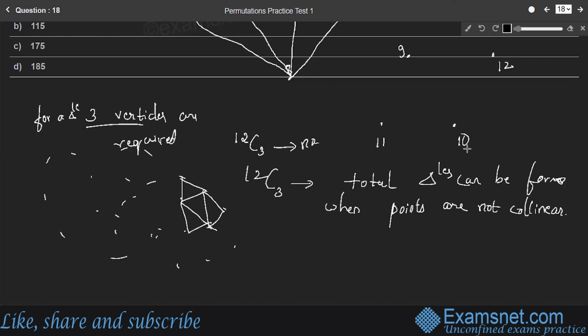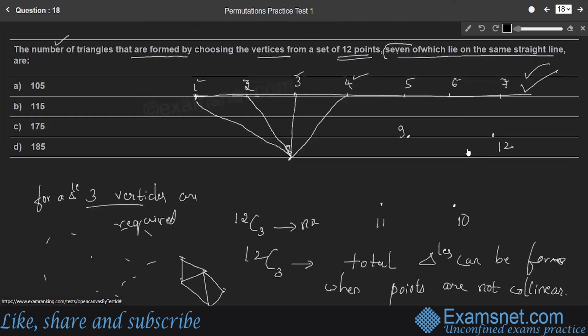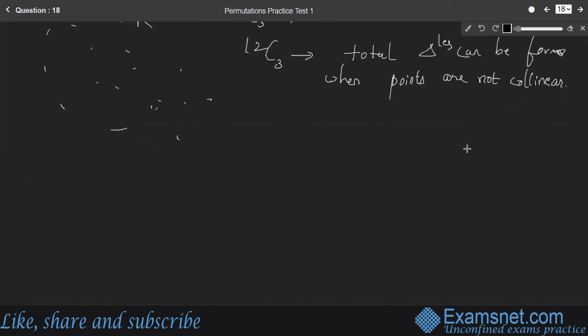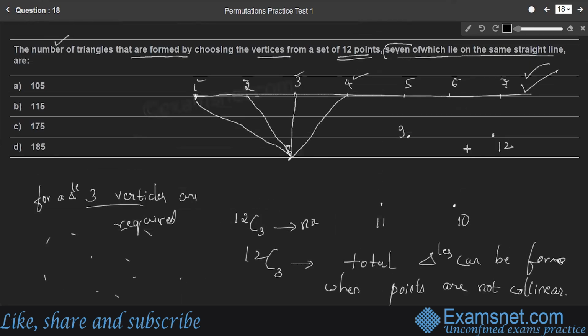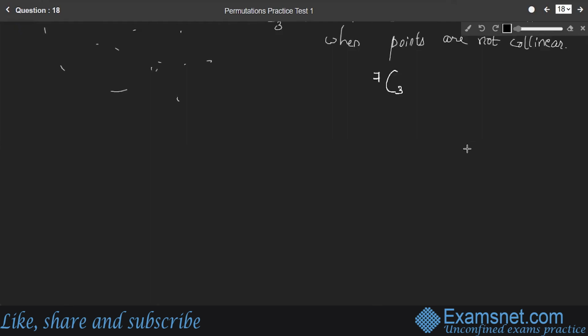Since 7 points lie on the same straight line, you have to subtract 7C3 triangles. 7C3 is the number of triangles that would be formed if those points were non-collinear. Therefore, you have to subtract 7C3 from 12C3 to get the number of triangles formed.